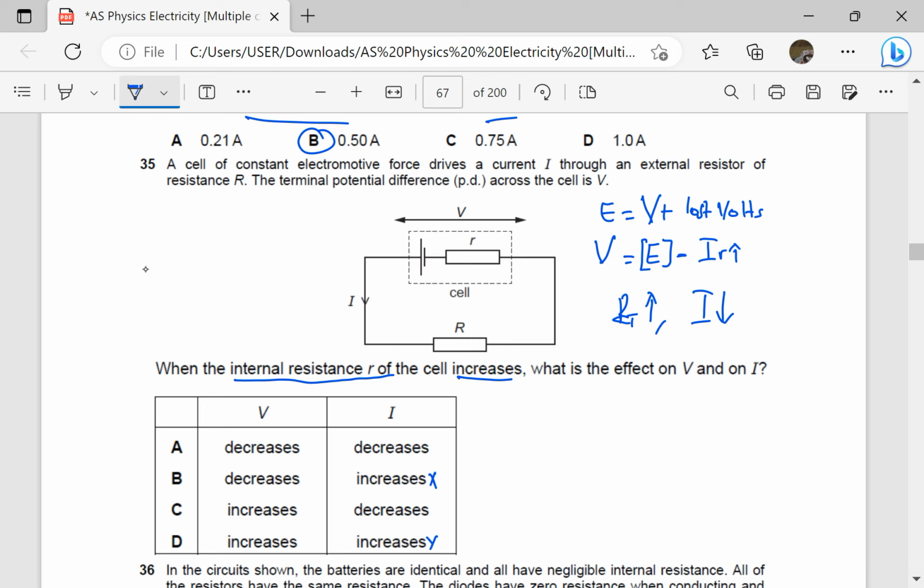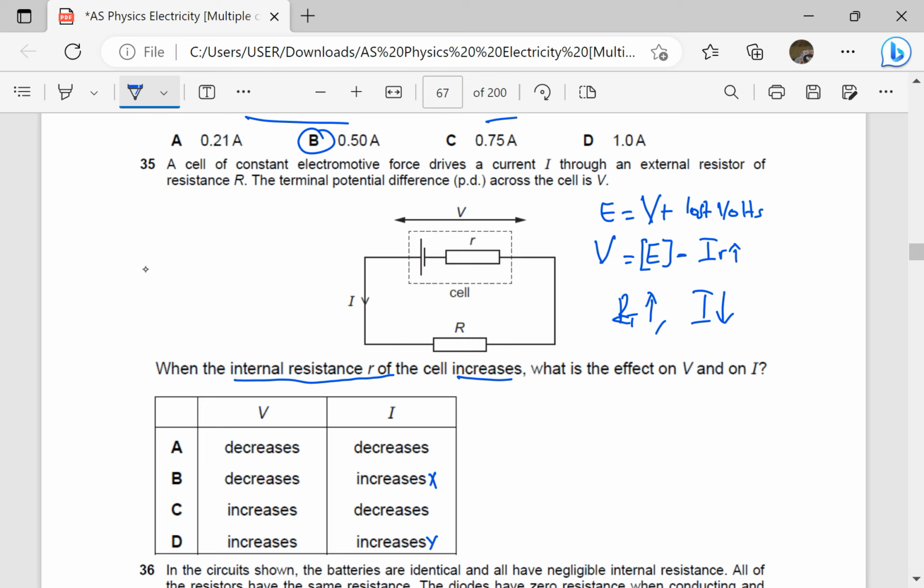Then, if that is true, we are remaining with A and C. So what happens to V? Of course, from this expression, if the current has decreased, total current in the circuit decreases. When R increases, total current in the circuit decreases.